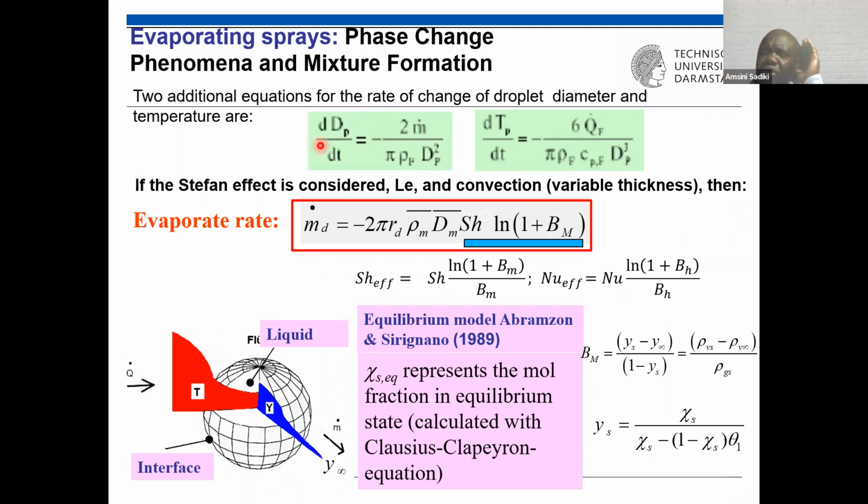As I told you, we could get the Nusselt number and the Sherwood number as a function of the Reynolds number and Schmidt number, or for the Nusselt number, as a function of the Prandtl number.